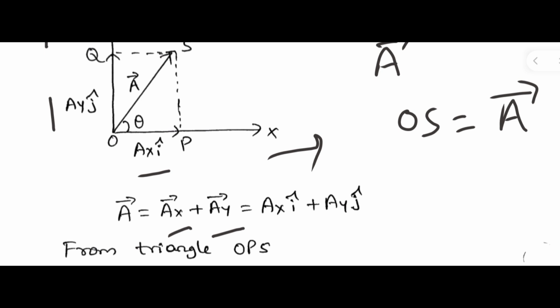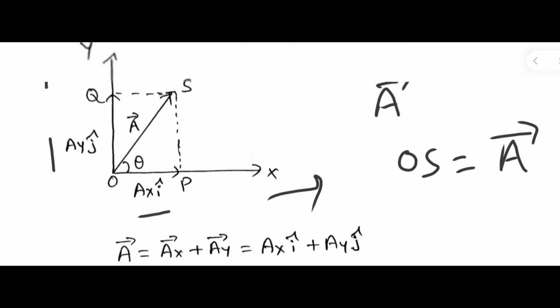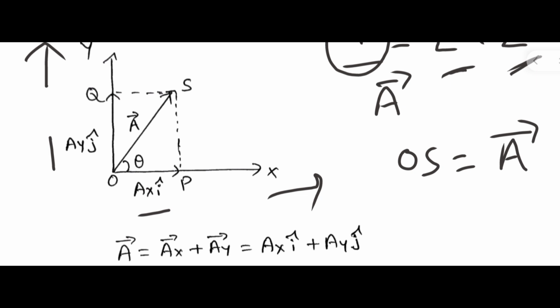From the diagram, we also find the sin and cos components. Adding those components again gives the same value.